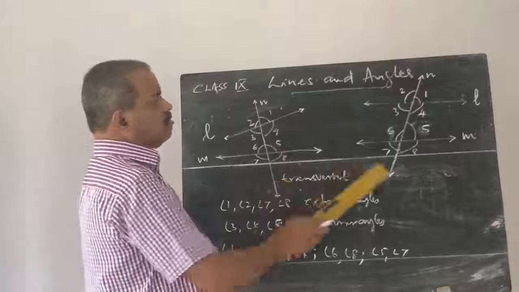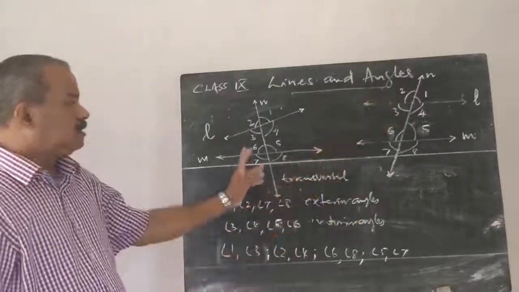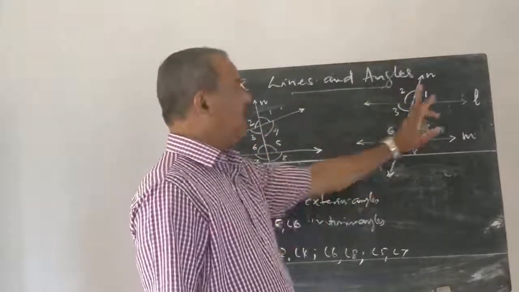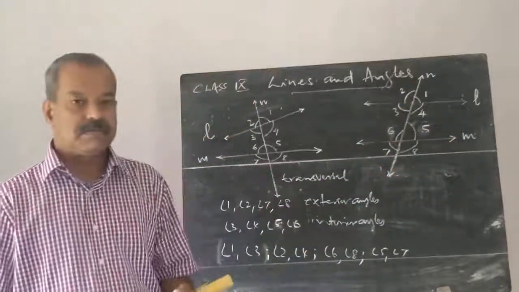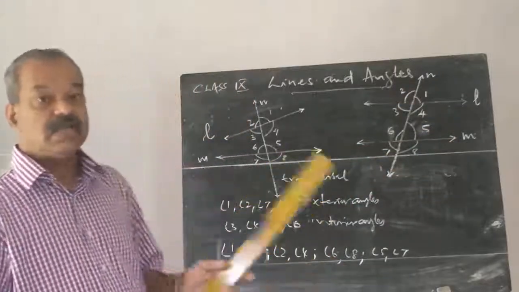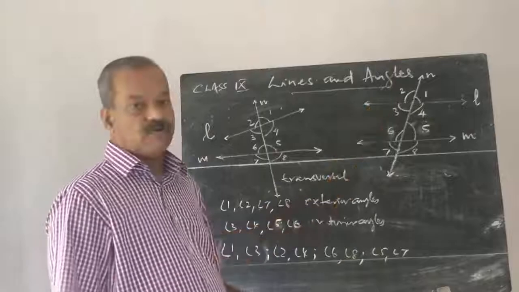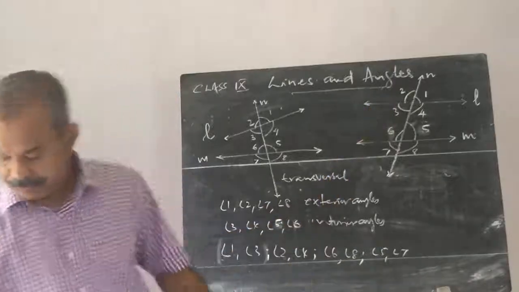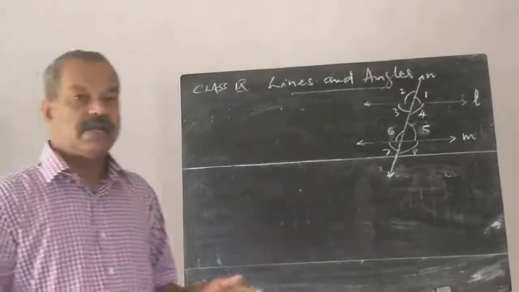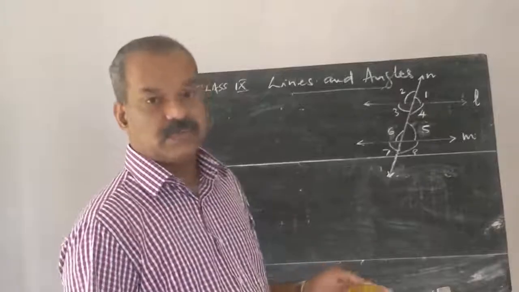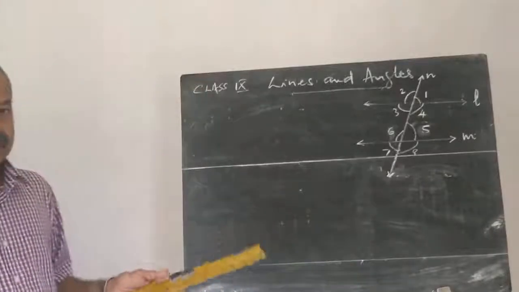And now let us see the properties of these angles when two parallel lines are intersected by a transversal. What are the properties of the angles so formed? Let us see it. We have already learned axioms 6.1 and 6.2.